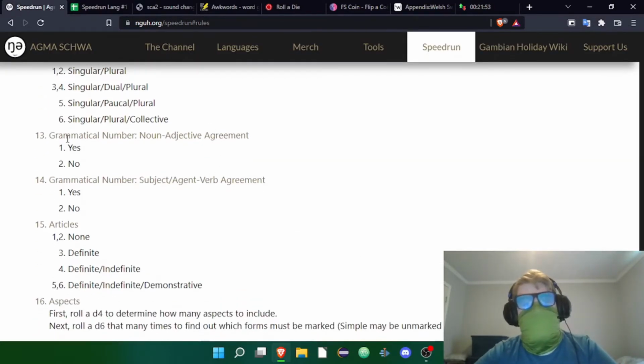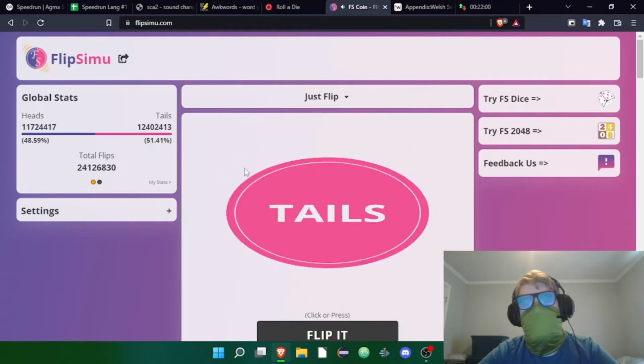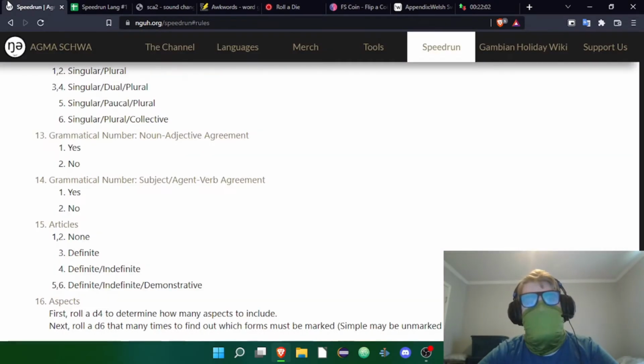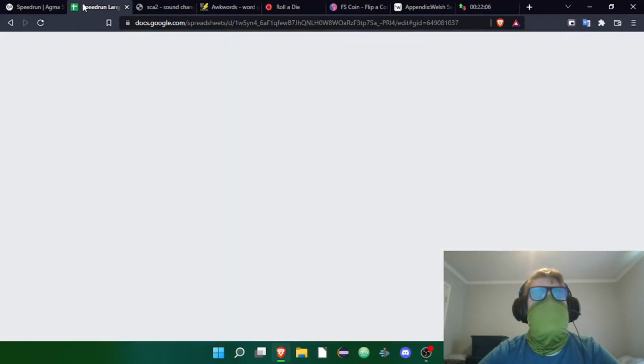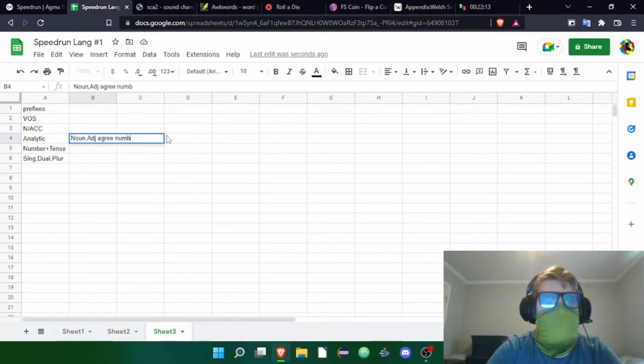Grammatical number, we'll say, flip the coin again. Heads, that means we do have noun adjective agreement. So nouns and adjectives agree for number.